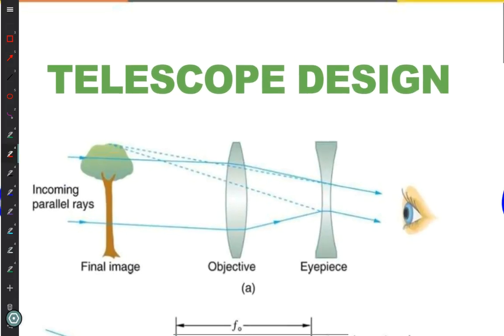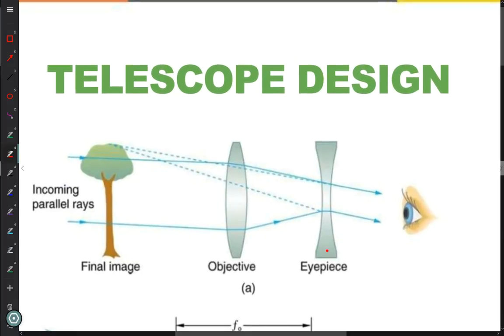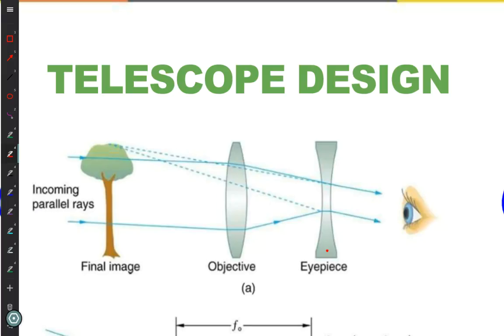The Galilean telescope has an eyepiece that's diverging. What can you tell me about the focal length of a diverging lens? Okay, the image is on the same side, which means that its focal length is negative.